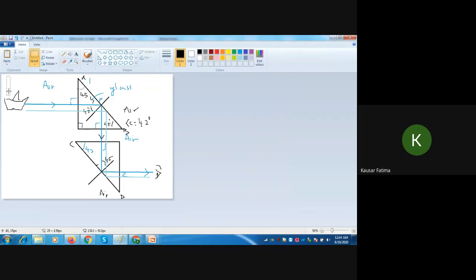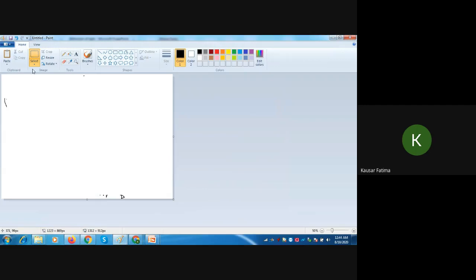I can explain you in more detail about that prism. This one. Here a ray of light is striking. This ray A strikes this point.